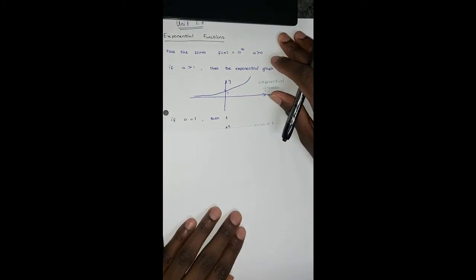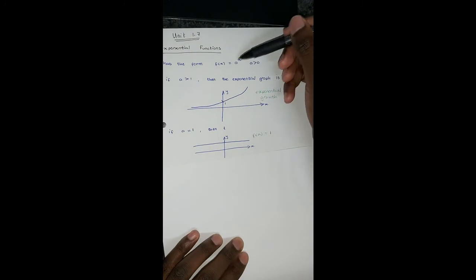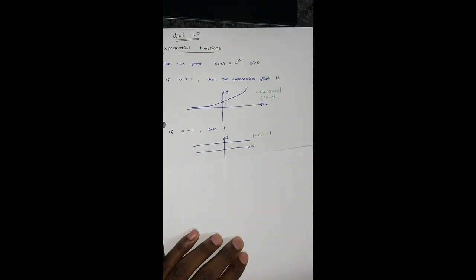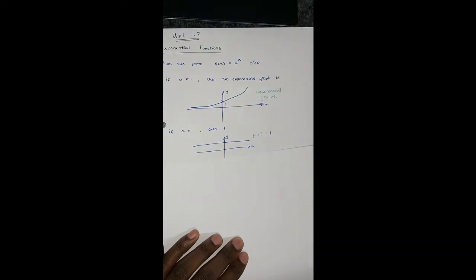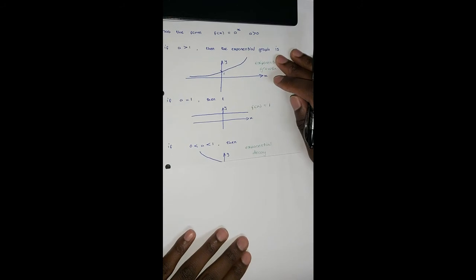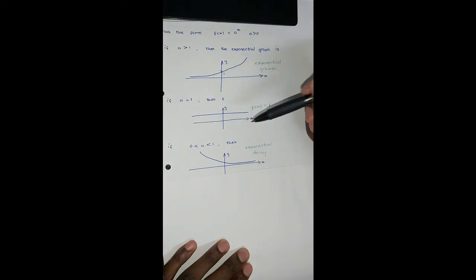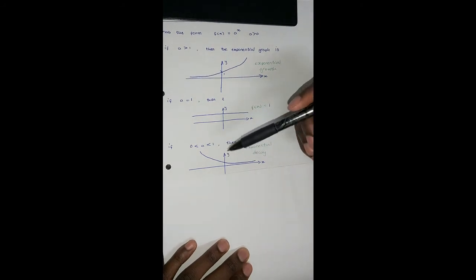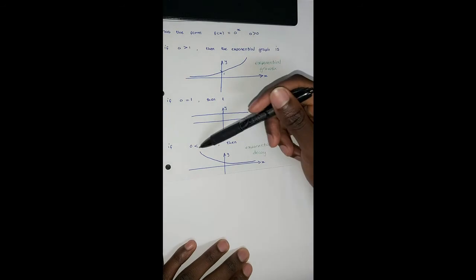And then if a is equal to 1, then we only have 1 to the power of x, and 1 to any power is just equal to 1. So we're going to have f of x being equal to 1, a straight line. Okay, and then when we have our a being between 0 and 1, then we're going to have exponential decay. So we're going to have that graph over there.